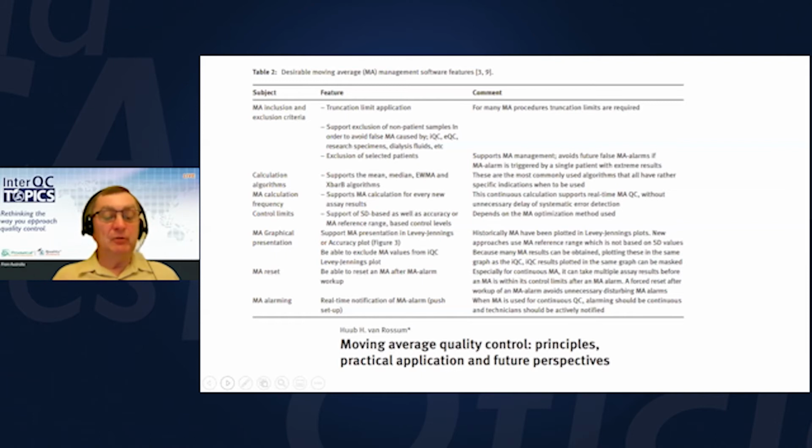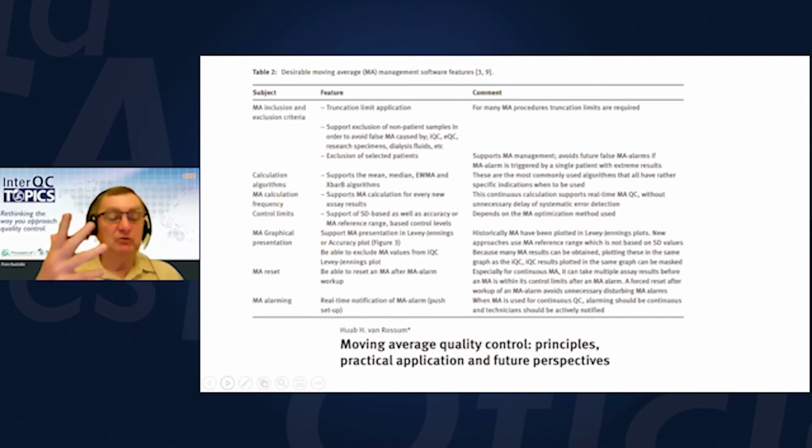This is from a paper from Huub van Rossum, which also goes through the same sort of issues about what you need to set up a patient-based real-time QC system, and things like being able to reset the average or the mean after there's been an alarm.